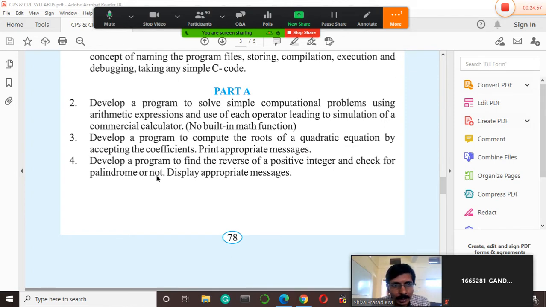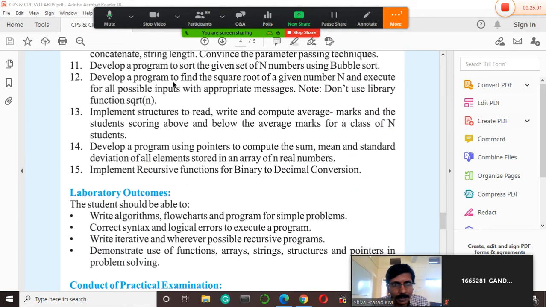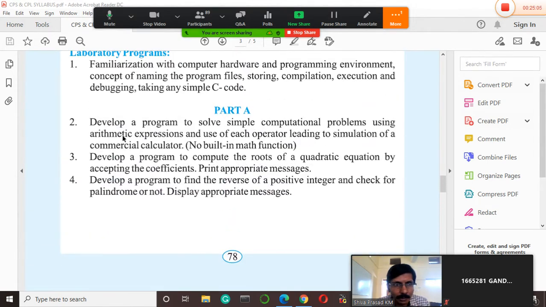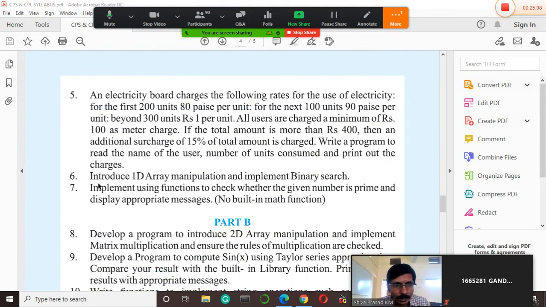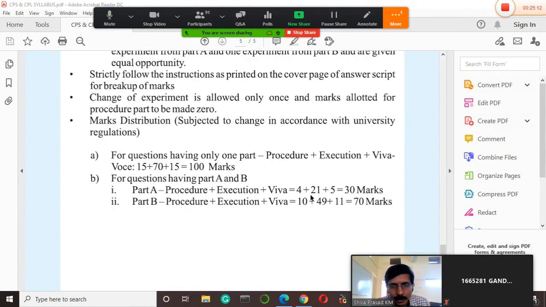So the first 7 programs, from 2nd to 7th, will have a weightage of 30 marks. The remaining part B, from 8th to 15th program, will have a weightage of 70 marks.